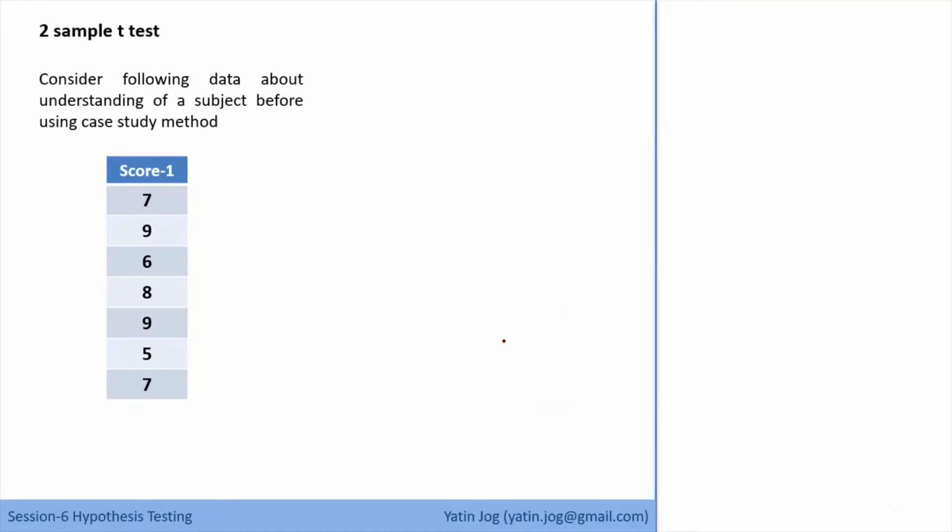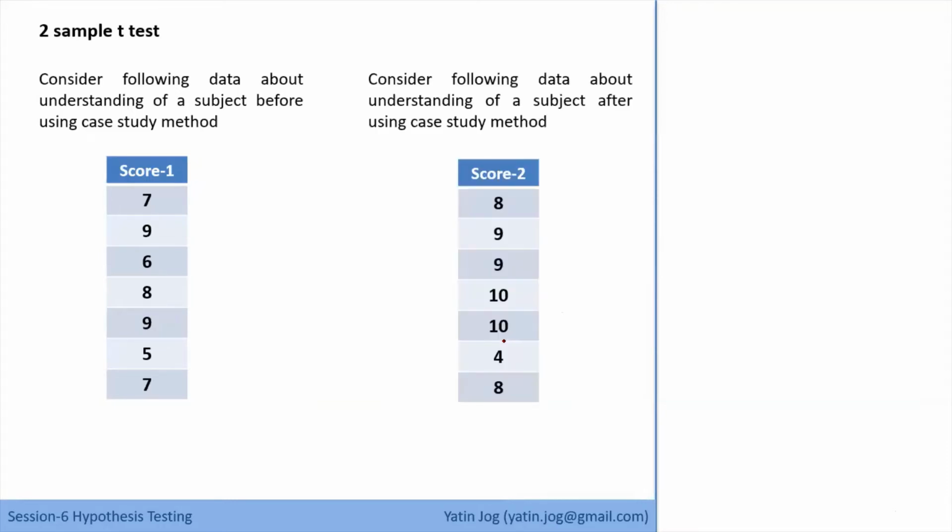Now consider the following data about understanding of a subject before using, suppose, the case study method. So I want to use the case study method to teach one subject. Before starting implementation of the case study method, I have taken one exam, and these are the scores scored by the students in that subject. Now consider the following data about the understanding of a subject after using the case study method.